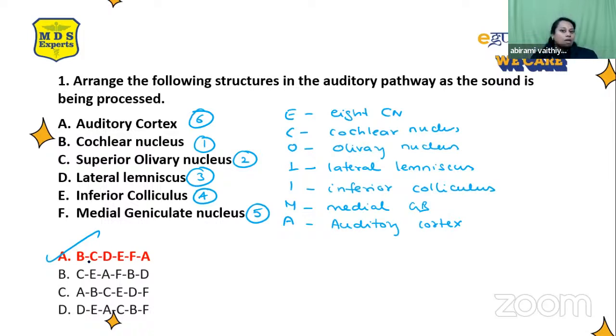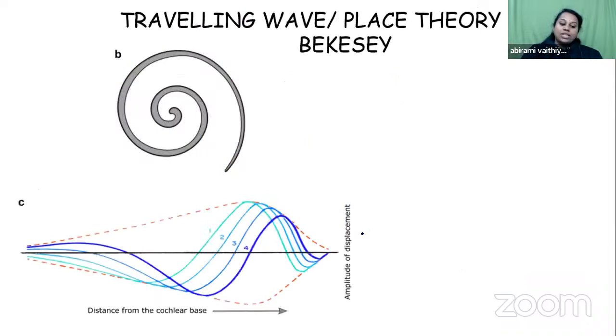See, there is one mostly accepted theory related to the hearing mechanism, that is called traveling wave theory or von Becquerel's theory or the place theory. What is this about? When sounds enter into the ear, the basilar membrane analyzes the sounds into low frequency sounds and high frequency sounds.